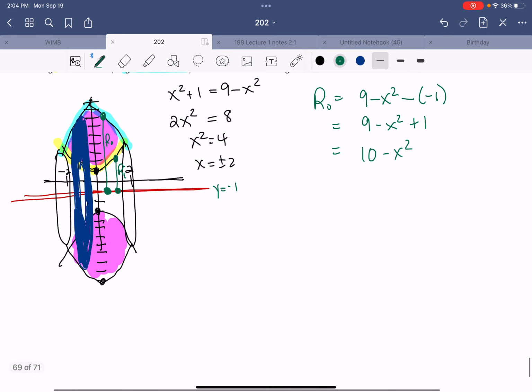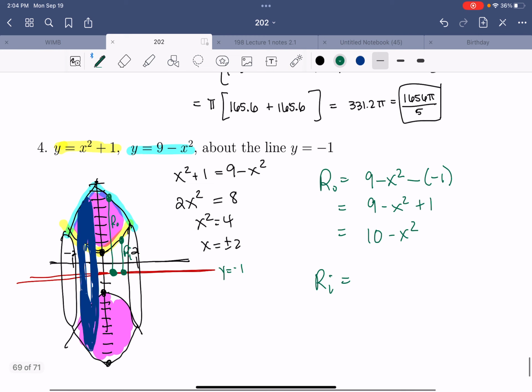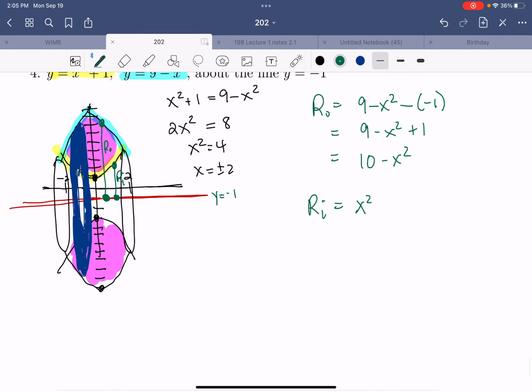That's your RO. The inside radius is from the yellow function, which is the top of this section, the x squared plus 1. And you're subtracting off that line, -1. So that gives you x squared plus 1 plus 1, or x squared plus 2.